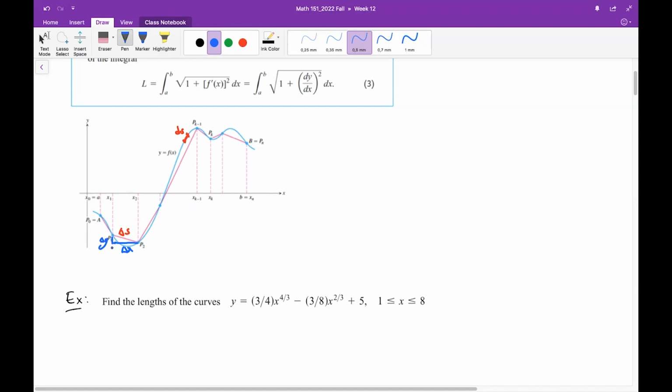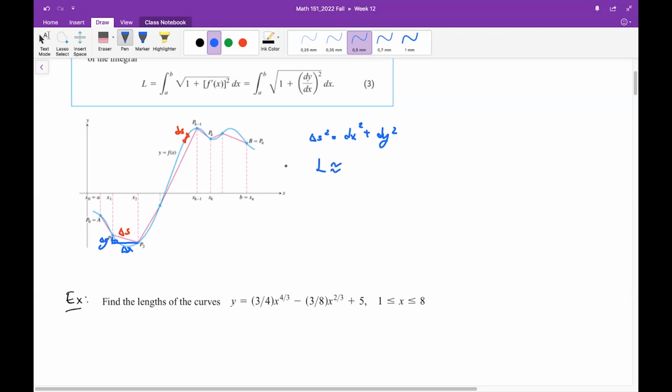And then from this triangle, we understand that delta S squared is delta X squared plus delta Y squared. Why are we looking at this triangle in more detail? Because by concentrating on these line segments, we will try to approach the length of the curve. We will sum the lengths of these line segments. The more line segments we have, the closer we get to the actual length, right? That's why we start by analyzing the length of this line segment.